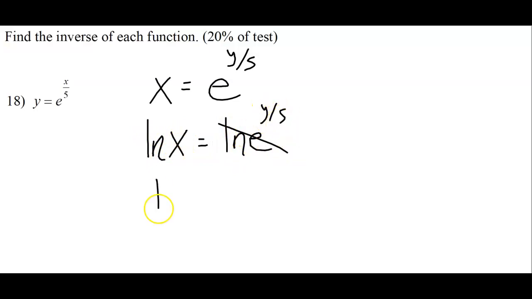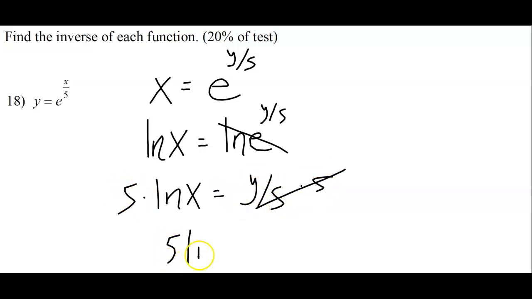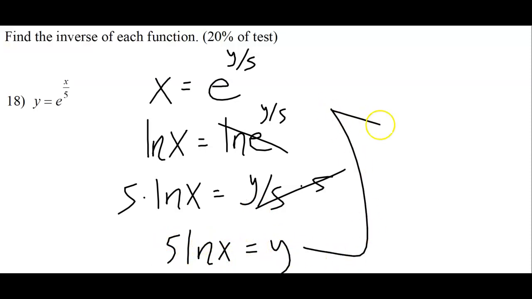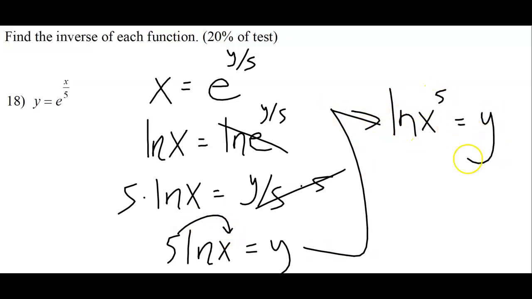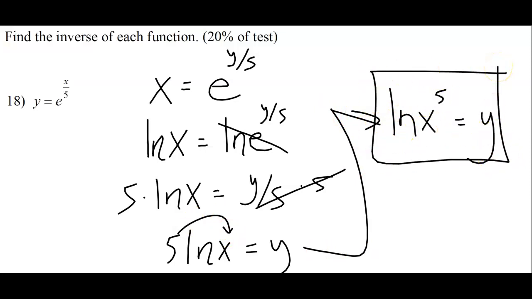Ln e cancels, left with y over 5. And we're going to multiply both sides by 5. And so I'm left with 5 ln of x equals y. And be aware, once again, that we can take this 5 and make it a power of the x there. And that'll be it.